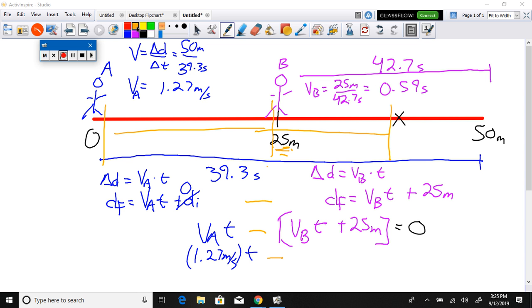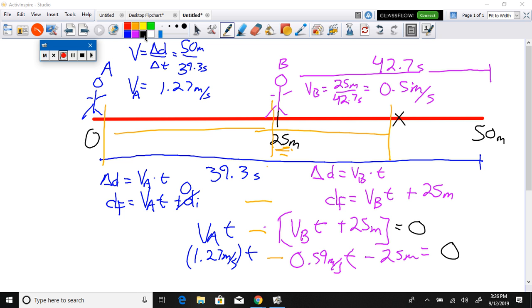We're going to distribute this negative, and we've got the velocity of B, which is 0.59 meters per second, times t, minus 25 meters, because we distributed this negative right here, equals 0.